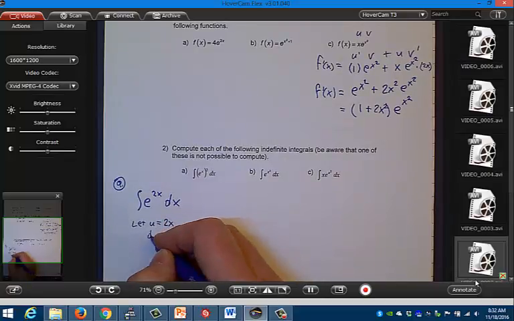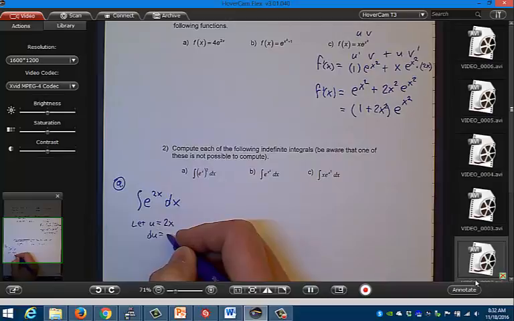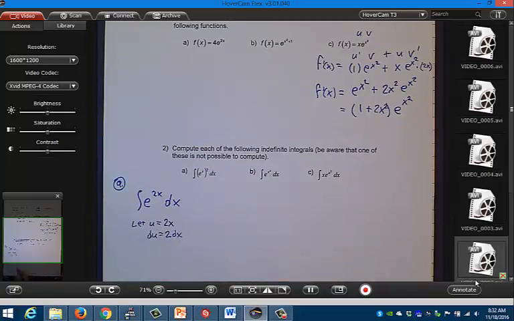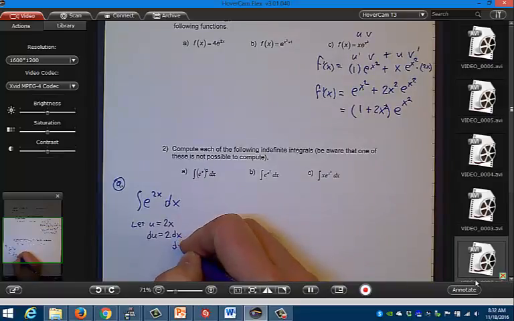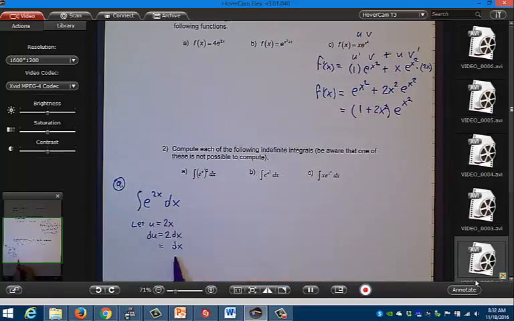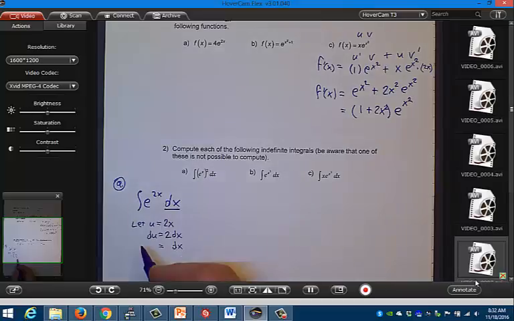So what does du equal? 2 dx. Do I have 2 dx? No, all I have is dx. And then there's this other step I showed you guys people sometimes do. What does dx actually equal then? 1/2 of du, right?